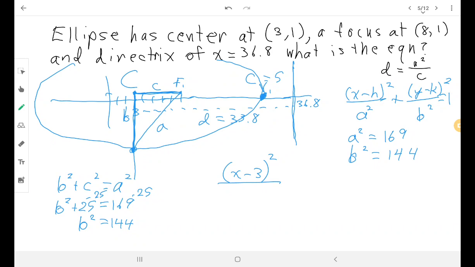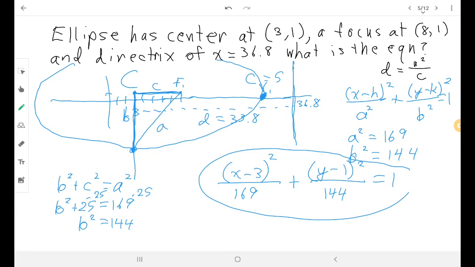Again, that's a super rough sketch, but over A squared, because it's wide instead of tall, which is 169, plus y minus k, which is 1, all squared, over B squared, which is 144, equals 1.